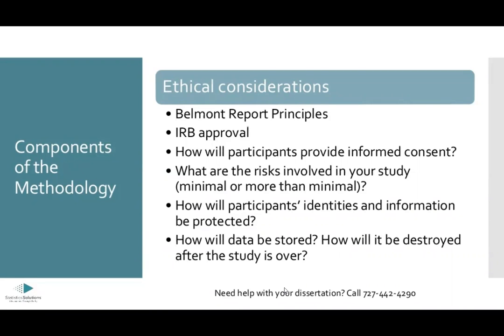So basically just stating that this study has been IRB approved through your university's review board. Again, you'll want to bring in that information about the informed consent and how participants are providing their consent. So you may want to describe your consent form and talk about what is on there.